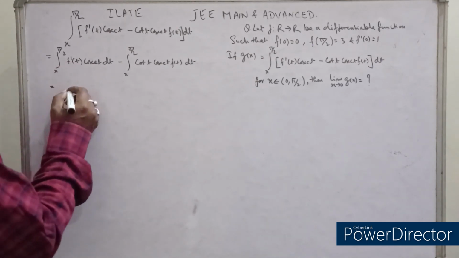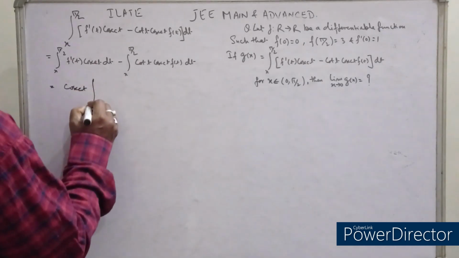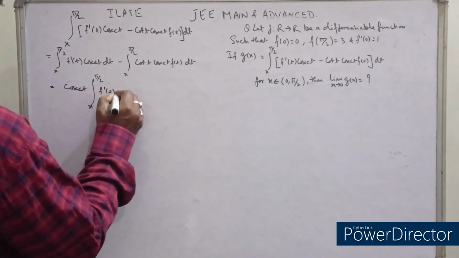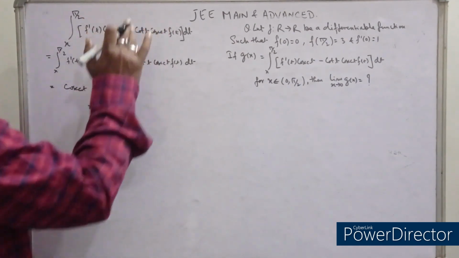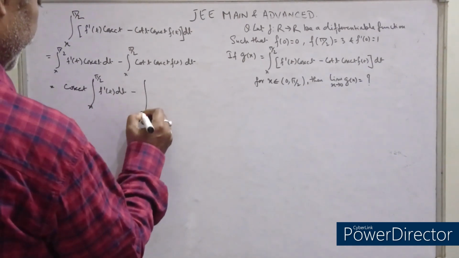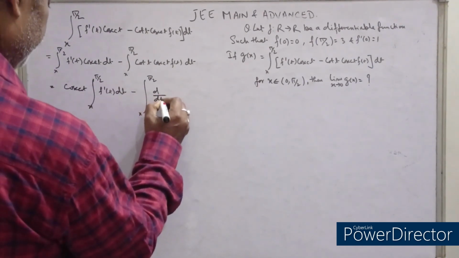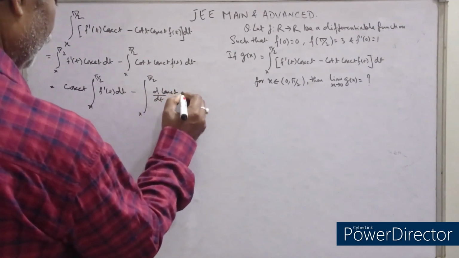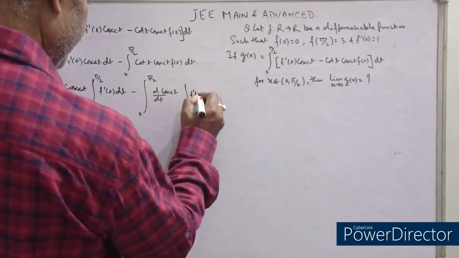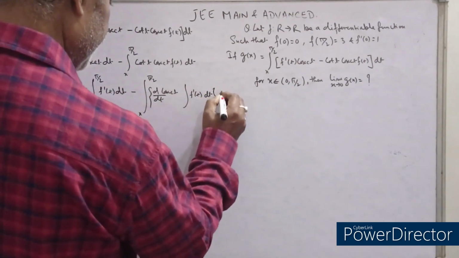So I am going to take cosec t as the first function: the integral from x to pi by 2 of f dash t dt, minus the integral from x to pi by 2 of the differentiation of cosec t and then the integration of f dash t dt.